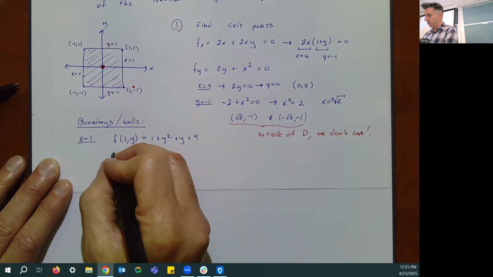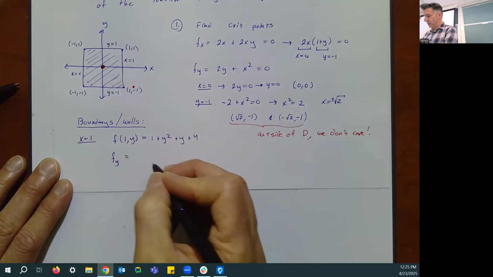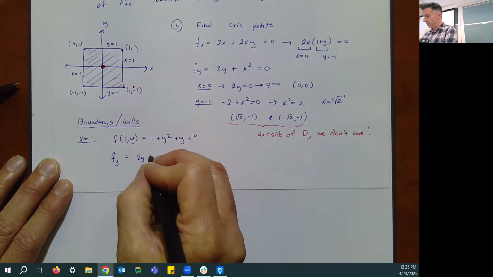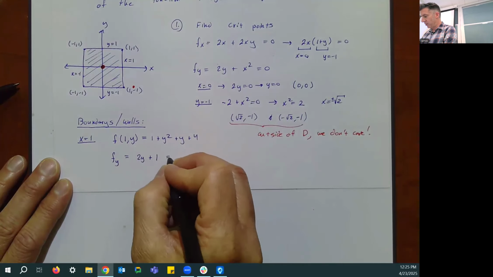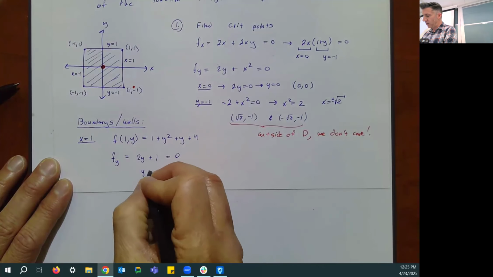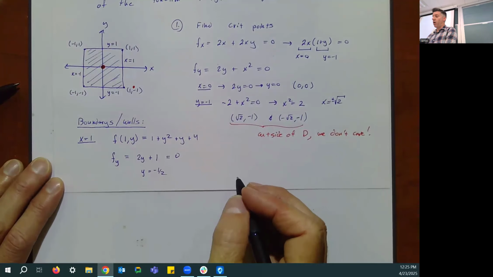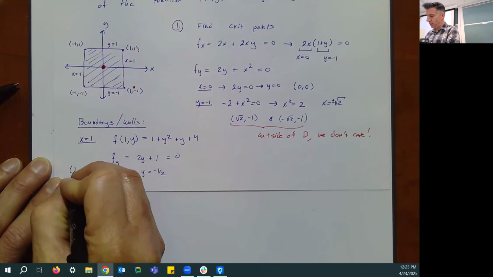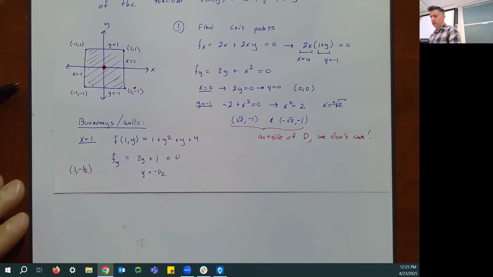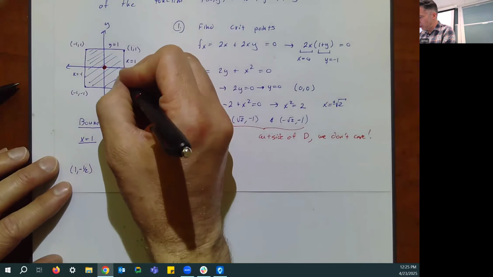If I take the partial derivative of that, fy is going to equal 2y plus 1. We set that equal to 0. We get y equal to -1/2. So a critical point along that wall is going to be the point (1, -1/2), which is living about right here.